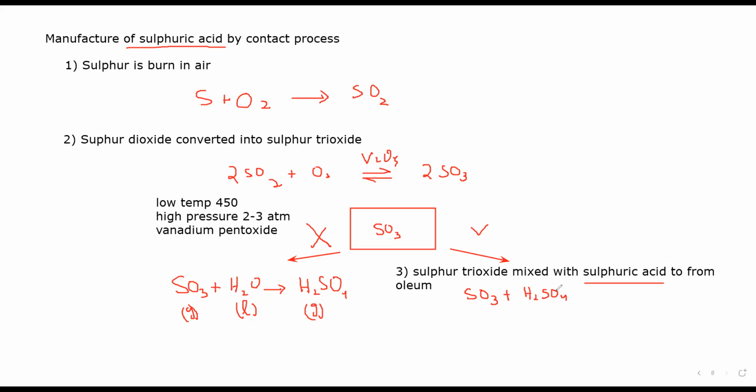So this concentrated sulfuric acid mixed with sulfur trioxide, what does it result in? It results in a formation of oleum. Oleum is H2S2O7. This compound is called oleum.